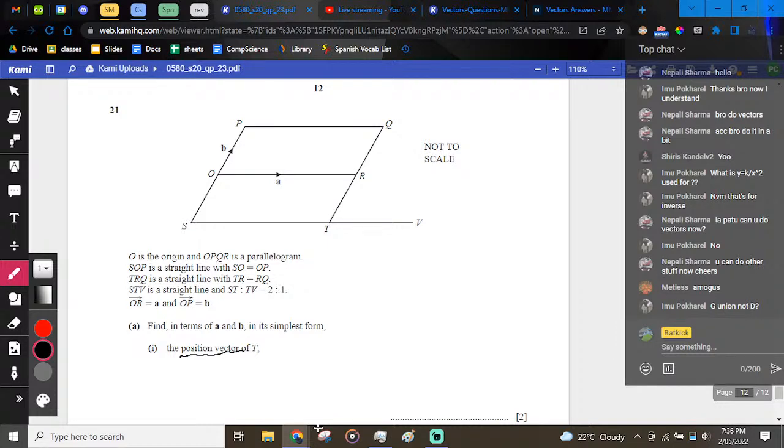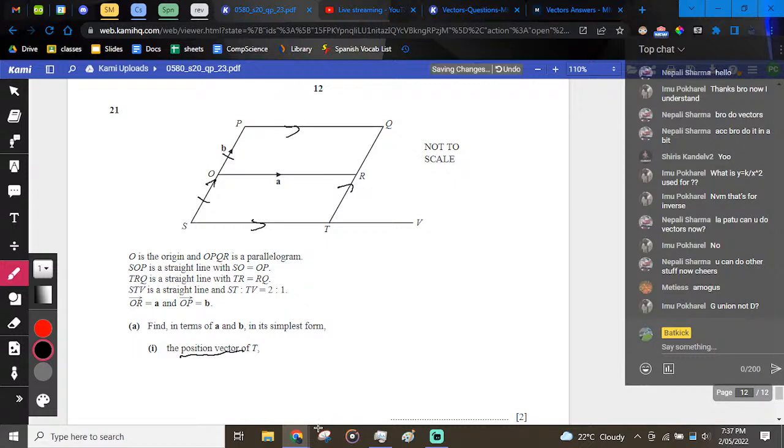From O to T you go A. And since we've been told that SO equals OP, this is a parallelogram, these are parallel.